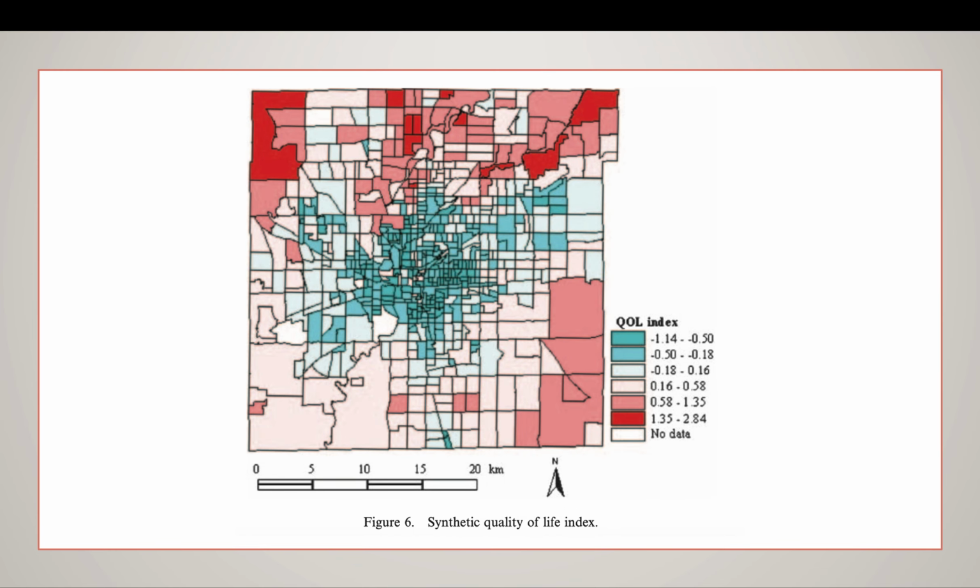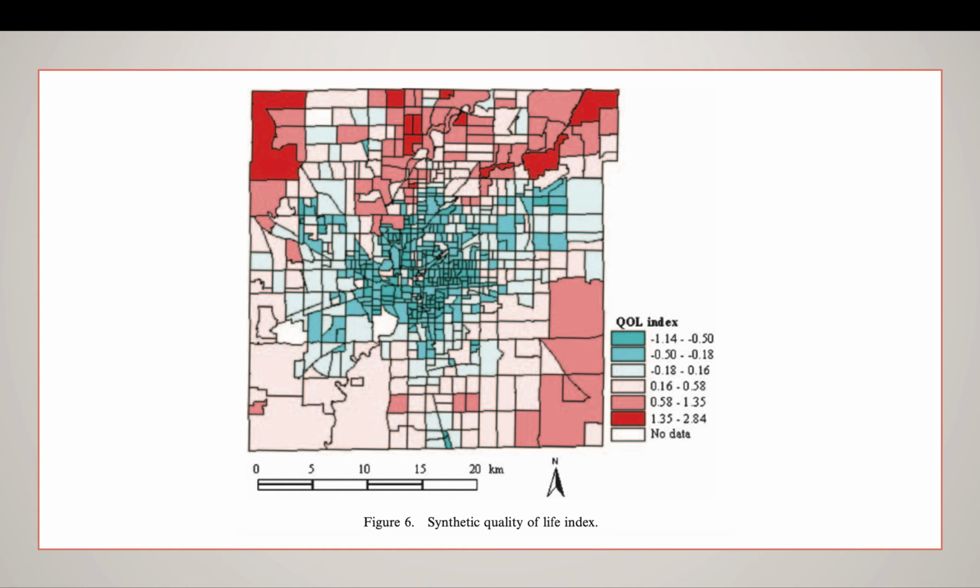And then finally, on figure 6, when we try to bring everything together, we can create this synthetic quality of life index, or QOL index. We can see that the area that's mostly shaded with a high quality of life index is the one surrounding the downtown area, and the one with a low quality of life index is the one around that high quality area.